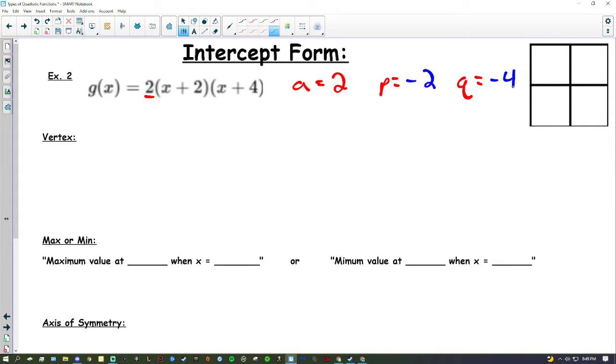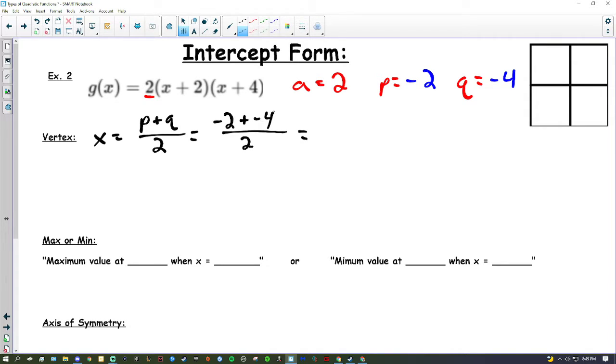Yeah, you got it. Okay, let's find our vertex. We have our new fancy formula to find our x value. We do P plus our Q all over 2. When we do our P plus Q all over 2, we have negative 2 plus negative 4 all over 2.